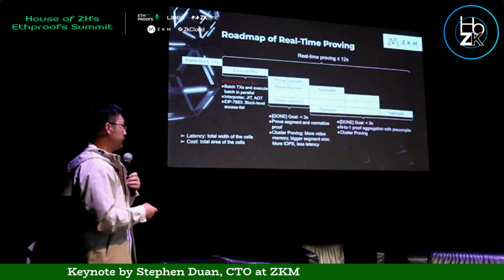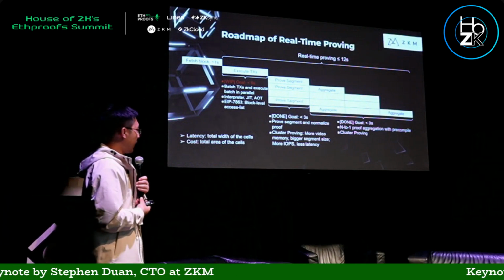After we prove those segments, we have one proof for each segment, and then we need to aggregate all the proofs into a single final proof. For some cases, of course, we need to do some wrapping to get a smaller proof, like the Groth16 proof. But for ETHProofs, we just need the STARK proof finally.